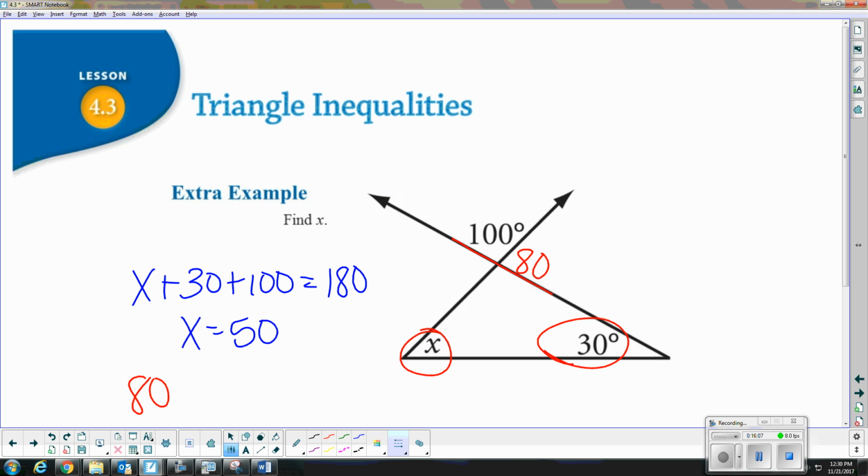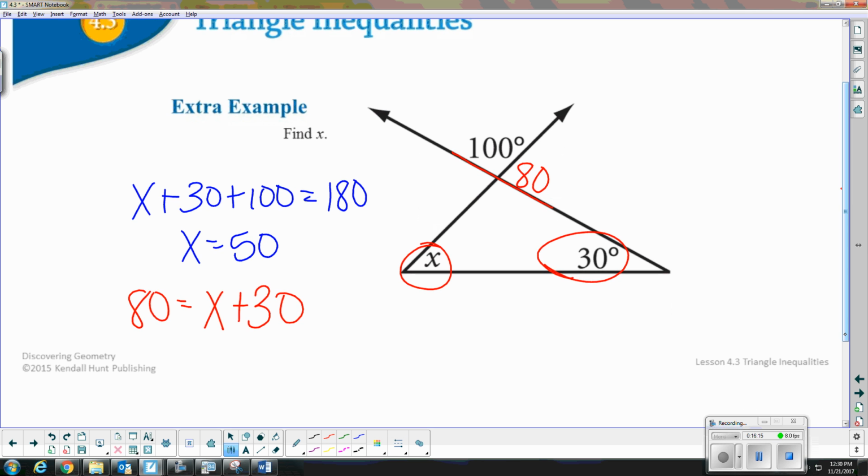So 80 equals x plus 30. And we get the same answer. X equals 50. 80 minus 30 is 50. So either way, you can use either one of those methods, but trying to apply what we just learned, the triangle exterior angle conjecture, is going to be the one in red, the second way we did this.